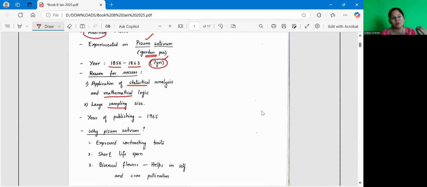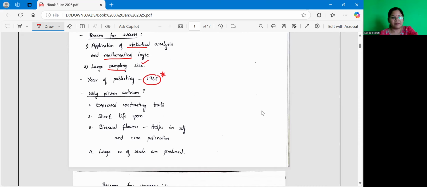If you do the experiment only on 10 or 15 individuals, we cannot generalize our results. Since he has done it in thousands of pea plants, whatever results Mendel has got, we can generalize those results. So the large sampling size was one of the advantages in Mendel's experiments. Next, coming to the year of publication, 1865, again important.